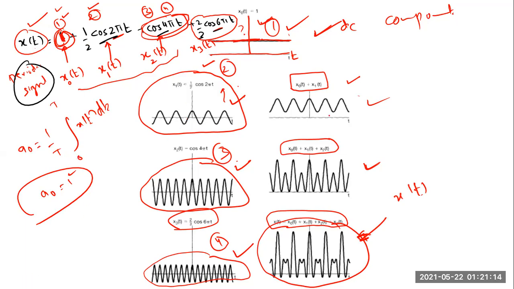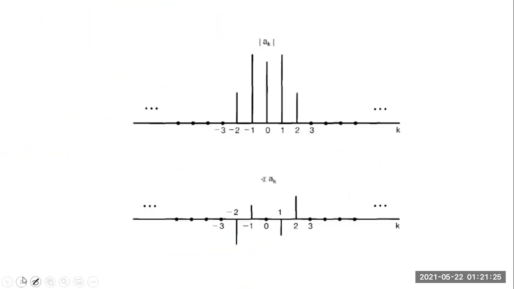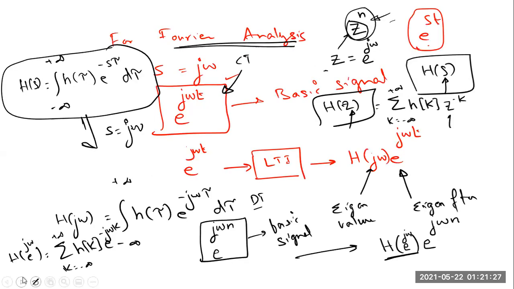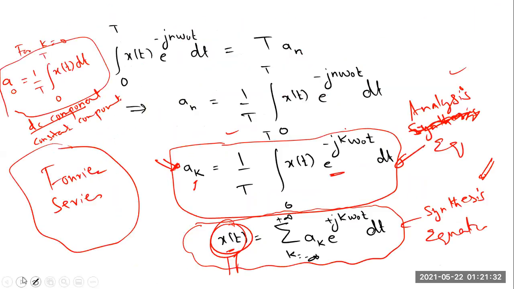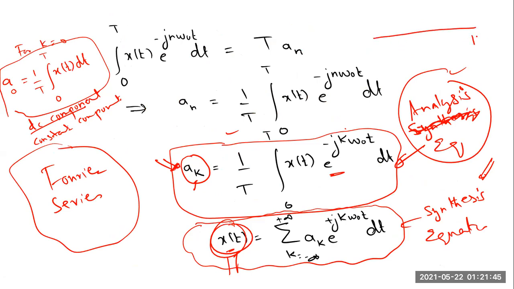But the important point is, in this example, I have plotted different components as a function of t. So along the x-axis, this is time. But when you plot ak, and later on I will solve one example as well, when you find the values of ak with the help of this analysis equation, you will plot those values along the x-axis with respect to k.